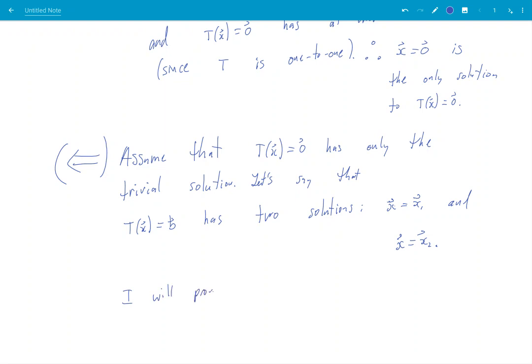I will prove that x1 equals x2. Okay, so I'm trying to prove that T is 1 to 1. So I'm trying to prove that this guy here, always, for any b, has at most one solution. So what I'm going to do is say, well, imagine there are two solutions. I'm going to show you that they have to be the same.